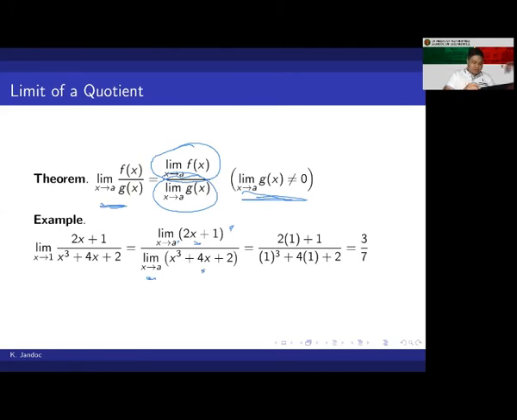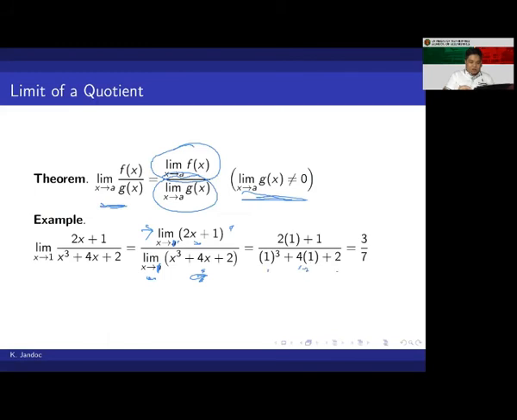Well, in this case, a is equal to 1. So as x approaches 1, this limit approaches 2 times 1 plus 1. This is 2 plus 1, which is equal to 3. And this limit in the denominator approaches 1 cubed plus 4 times 1 plus 2.